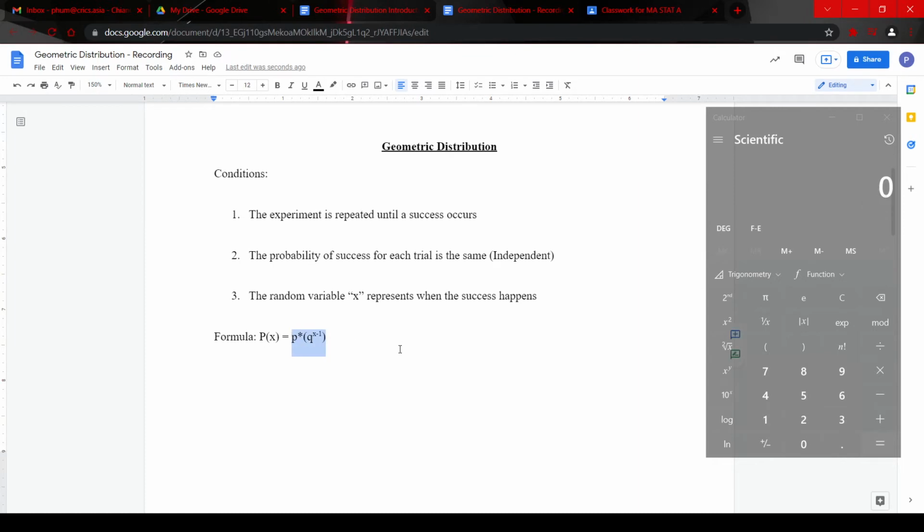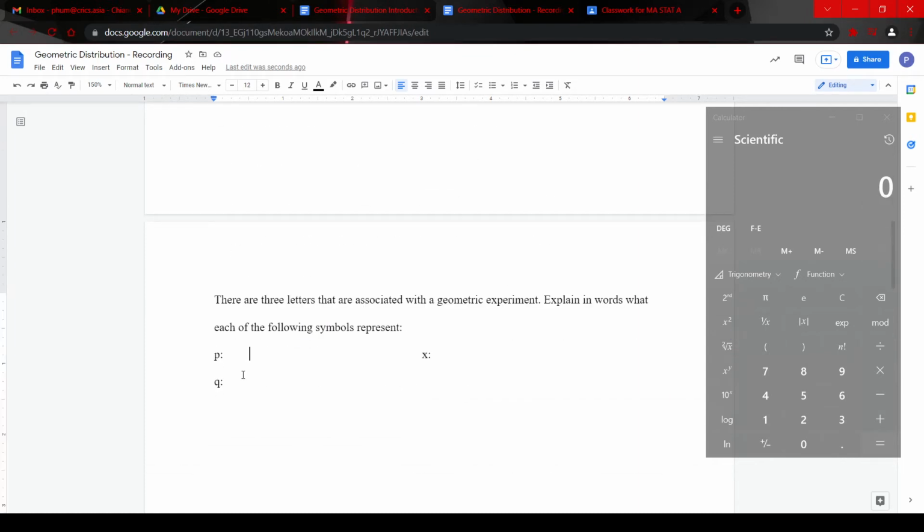So what do these numbers mean? P and Q are similar to what we have already learned. P is the probability of success. Meanwhile, Q is the probability of failure.